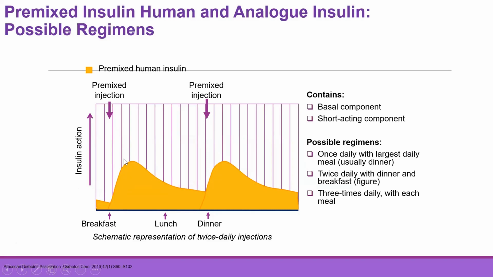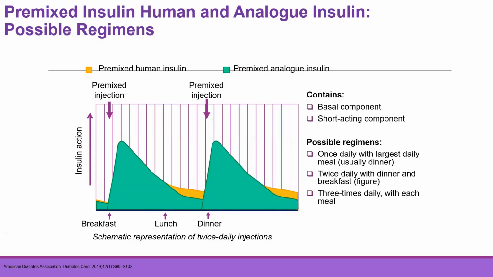So we expect that this will cover the breakfast, this will cover the dinner, but usually, as I've told you, there is no mealtime insulin at the time of lunch, and therefore lunch remains unprotected, and therefore sometimes we have to do something for the lunch.